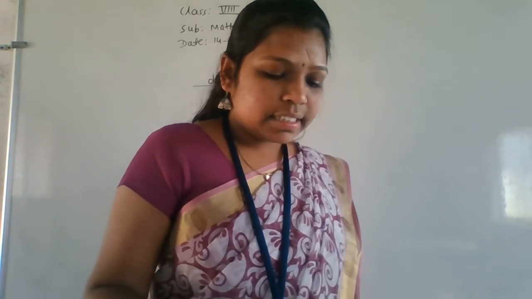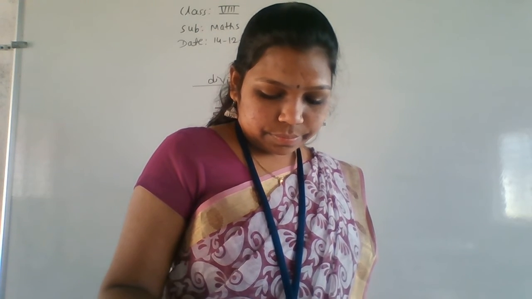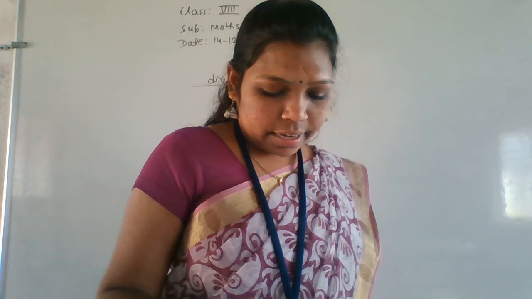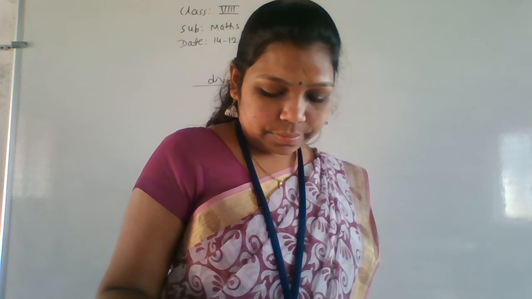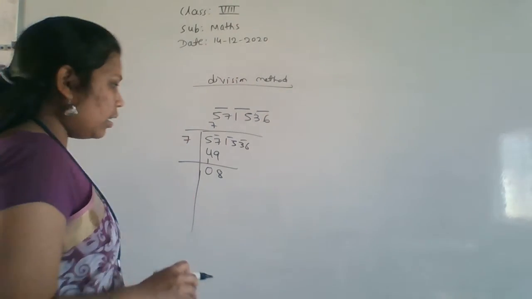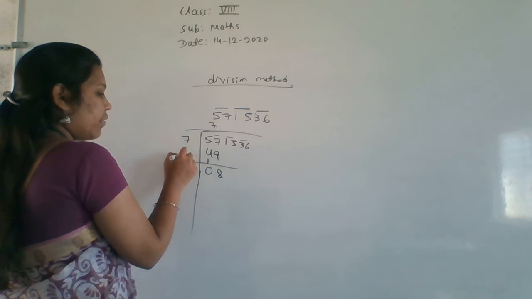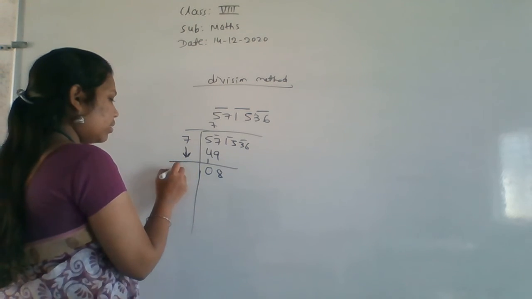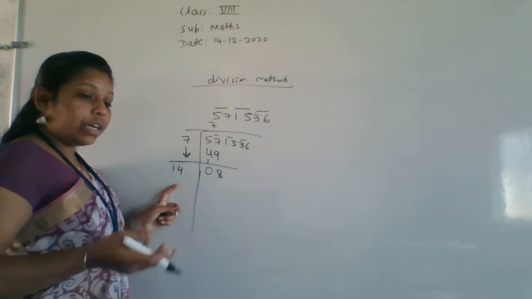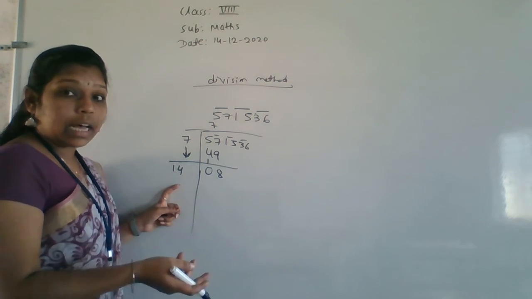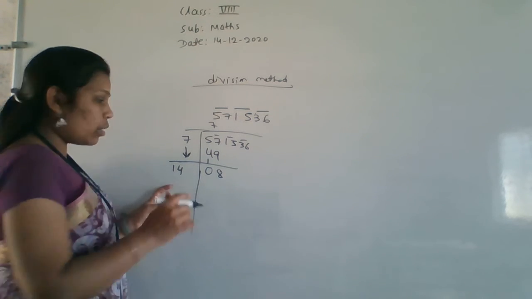After that, subtract the product of the divisor and quotient from the first period, and then bring down the next period to the right of the remainder. See here, next you have to take this 7. Double the 7. What is the double of 7? That is 14. Now you have to take 145 times 5, not 143 times 3 or 142 times 2.